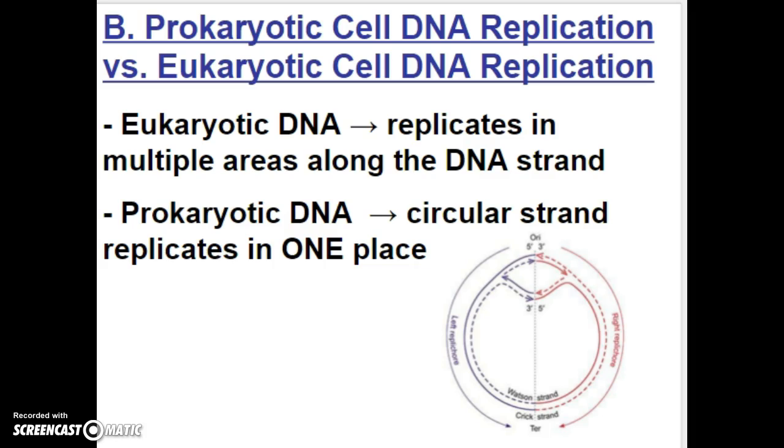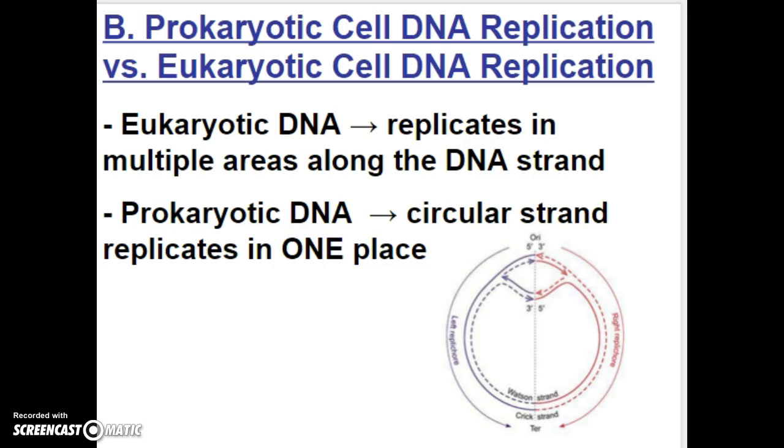So think of it like road construction. Eukaryotes, complex, lots of repair along the way. Prokaryotes are very simple, so they can start at one point and go all the way to the end and finish. So the enzymes involved in DNA replication: we have DNA helicase, which unwinds and unzips the DNA molecule.